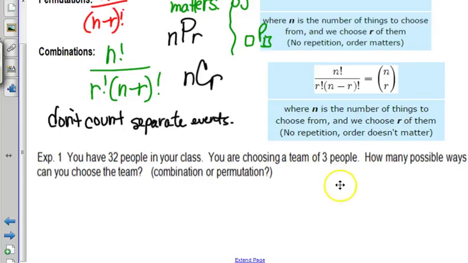You're choosing a team of 3 people. Do you want ABC, CBA, and BCA to count differently? Is that 3 different teams? No, so order doesn't matter. Okay, if you don't want them to count differently, order doesn't matter.